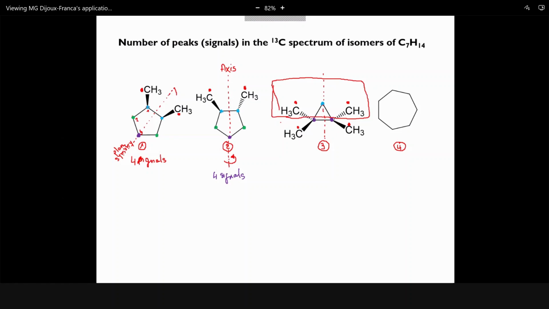And we have also an axis of symmetry. So here we should have one signal for 4 carbons, another signal for 2 carbons, and another for 1 carbon. So here we have 3 different signals. And what about the last one?